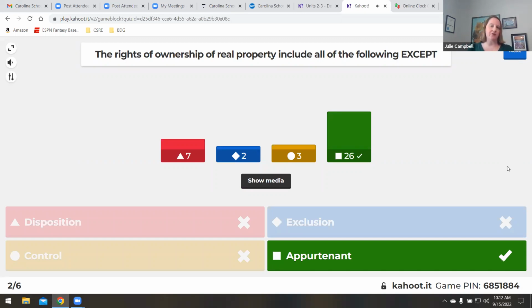Remember, when we talk about rights of ownership, we're referring to your bundle of legal rights, back at the beginning of unit 2 on page 21. So how do we help remember what those bundle of legal rights are? We can remember DEEPC: disposition, exclusion, enjoyment, possession, and control. Everybody see that? So all of these apply except appurtenant. What does it mean if it's appurtenant? It means it runs with the land. Questions on this one?